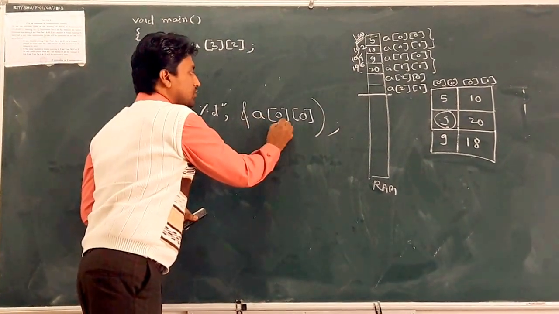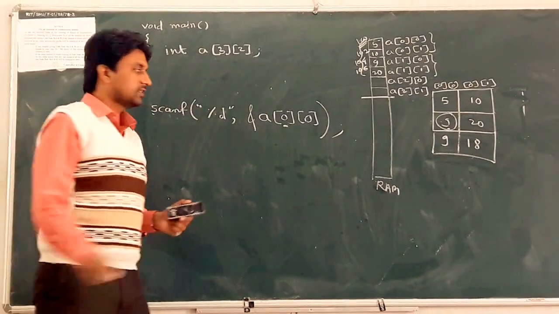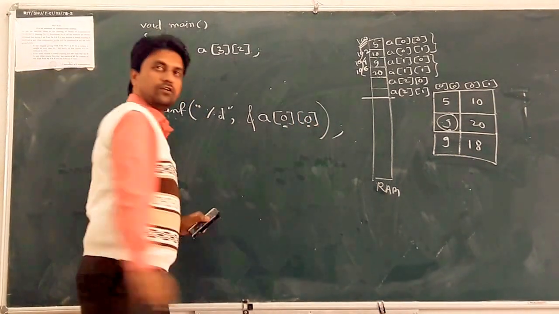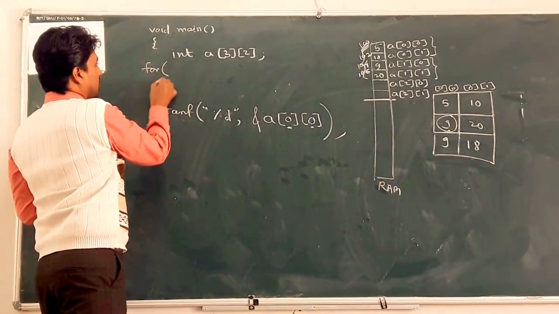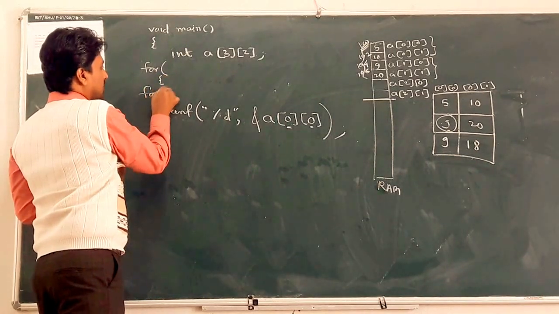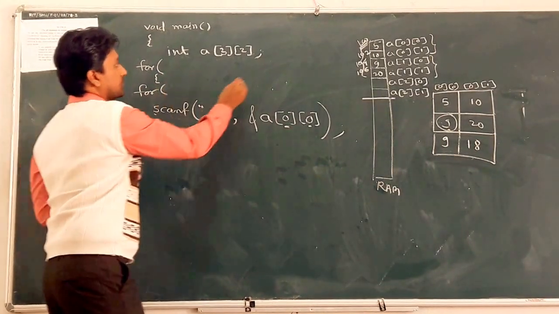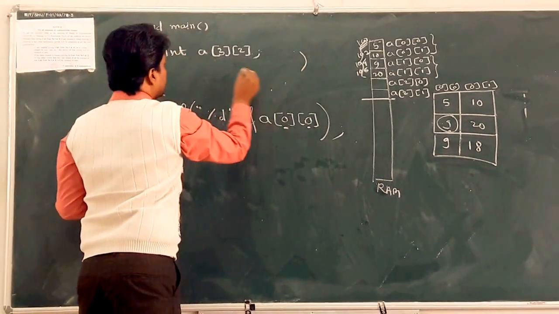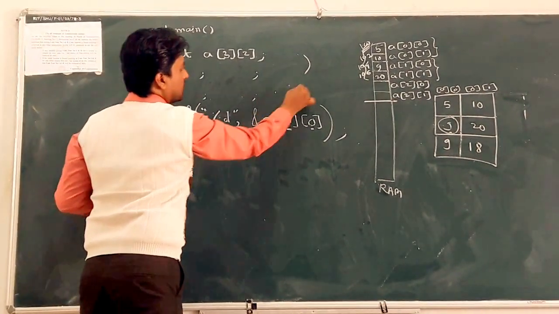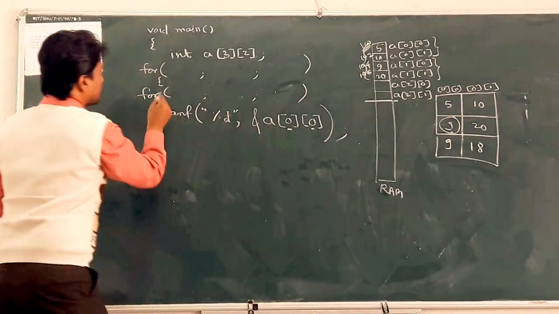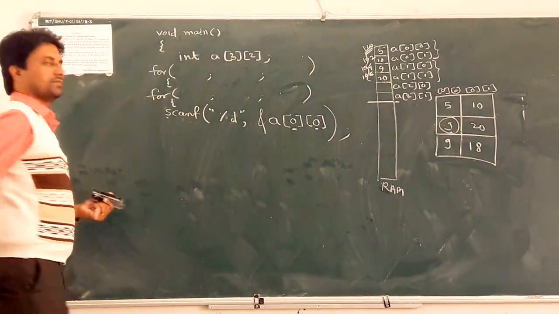The first loop gives you the number of rows, the second loop gives you the number of columns. So how to scan it? We use the first for loop and second for loop. First make the structure: semicolon, semicolon, semicolon, semicolon. This is our structure. Then curly bracket.